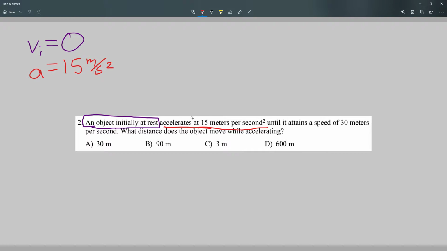Now there are a few ways to realize that this is your acceleration. The first way is to realize the context of the problem. It accelerates at this number. The other way is to look at your units. Meters per second squared.